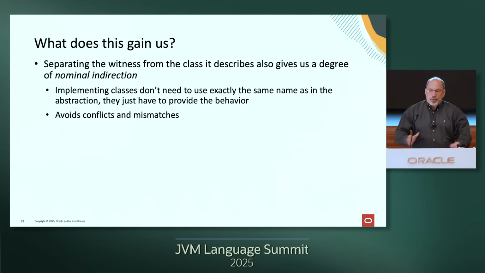Separating the witness out with a layer of indirection also addresses the problem of names, right? So a good example of the nominal indirection problem is autoclosable. The release method in autoclosable is called close, which makes perfect sense if your resource is a file handle. But if your resource is a lock or a semaphore permit, well, you are releasing it, but you're not closing it.